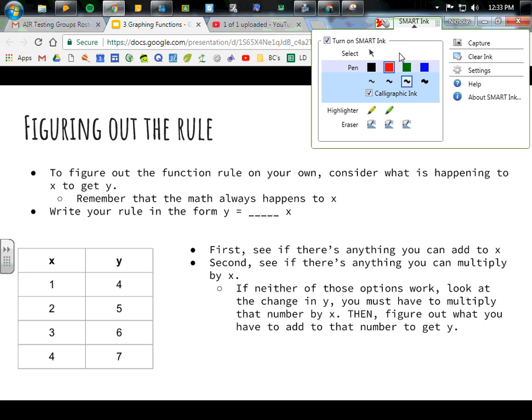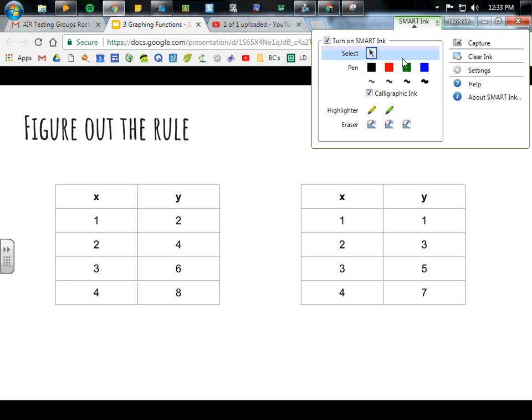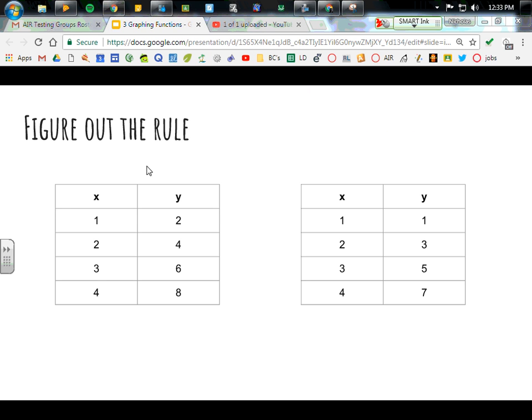Let's do a couple more examples real quick. Here's our table. First, see if there's anything you can add to x to get y. 1 plus 1 gives us 2. All right, let's move on. 2 plus 1 is not 4. 2 plus 2 is 4. So right away, since you don't have the same number that you can add to x to get y, addition is not your rule.